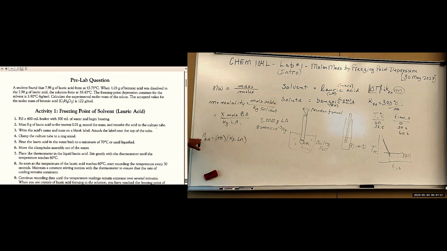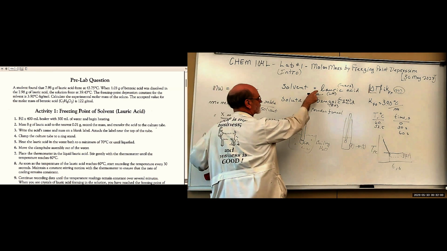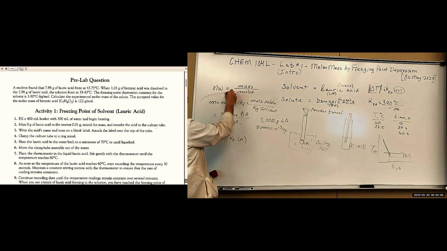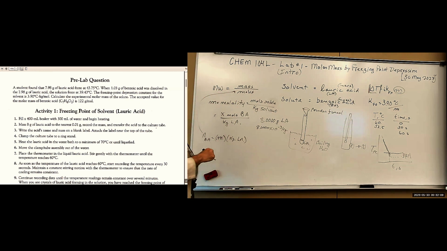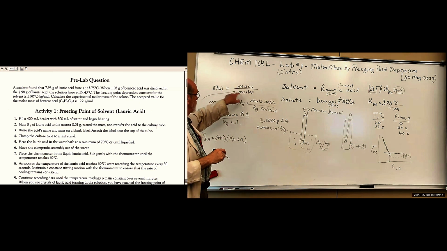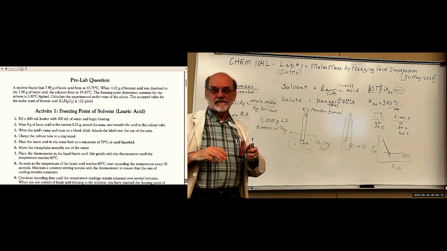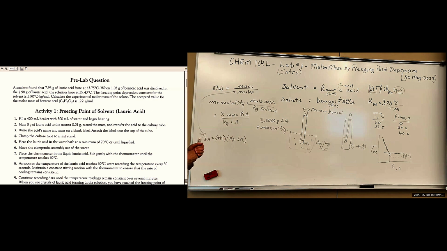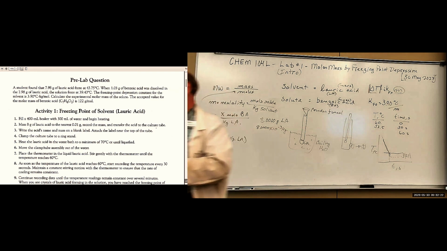So now we can calculate moles of benzoic acid by the molality we determined from that formula times the kilograms that we determined on the balance. And then this moles goes right there. And we already have the mass divided by moles, molar mass. So there you go. It's a very simple lab. Okay, any questions?